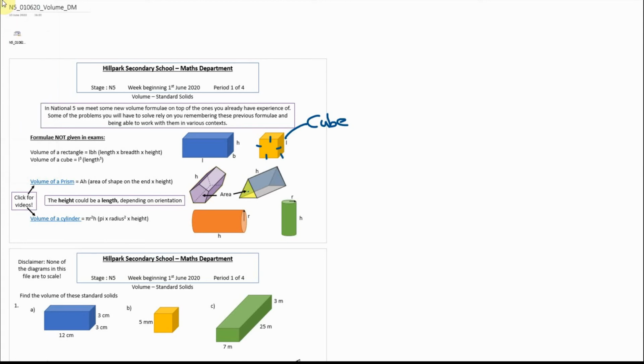Okay. So to work out the volume of the cube, you'd be doing the area times the length, but because they're all the same, you're effectively doing the length cubed. So you work out what one length is, and you times it by another length. By multiplying those two lengths, you would work out this area. Okay, so it'd be length and length.